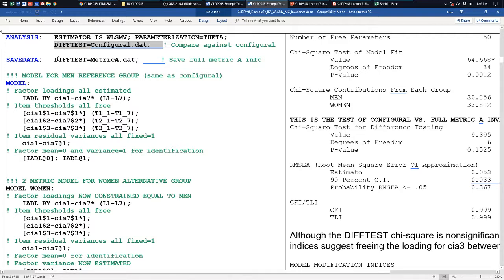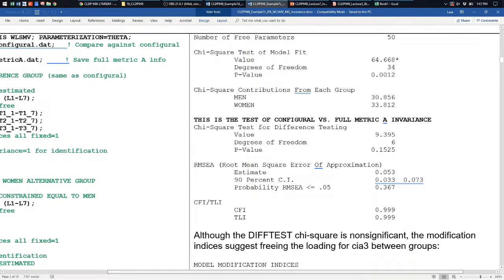At the same time, because I know I'm going to need more models after this one, I am saving the information from this model, and it's going to be called metric A, foreshadowing, because we'll need more letters as things break down. So bigger model first, smaller model second, which is how it always works in invariance testing when done this way.